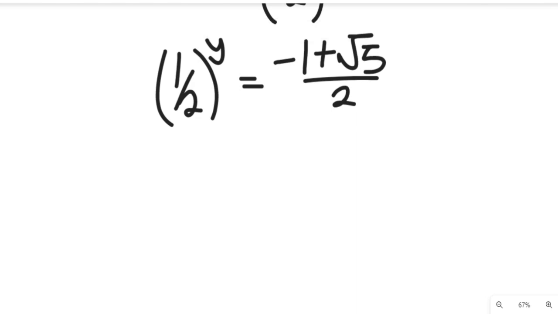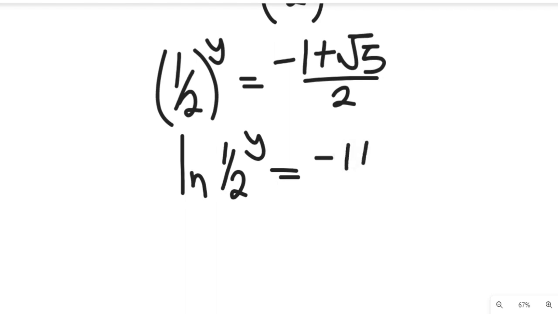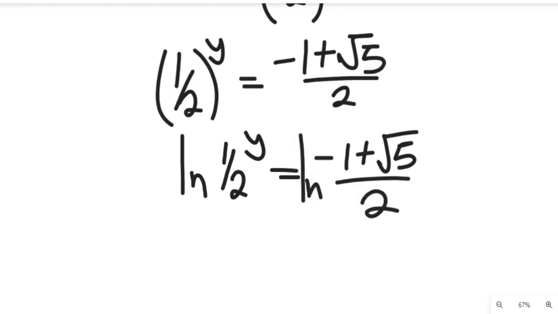So we'll either use the logarithm or we'll use the natural logarithm. I love using the natural logarithm. So we'll have the natural log of 1 divided by 2 to the power of y to be equal to the natural log of negative 1 plus square root of 5 divided by 2. Remember, this power will come over here.